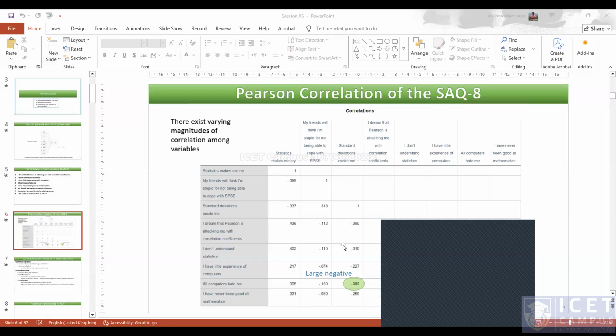I'm not able to cope with SPSS. Standard deviations excite me. I dream that Pearson is attacking me with correlation coefficients. I have little experience with computers. I don't understand statistics. All computers hate me. And the last one is I have never been good at mathematics.